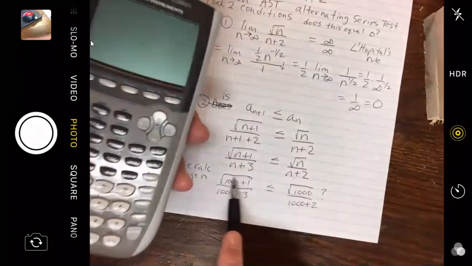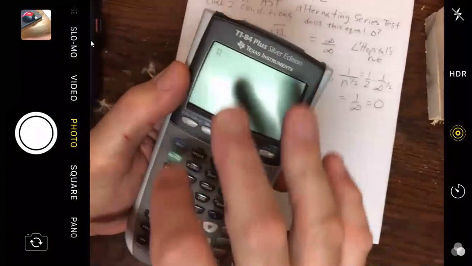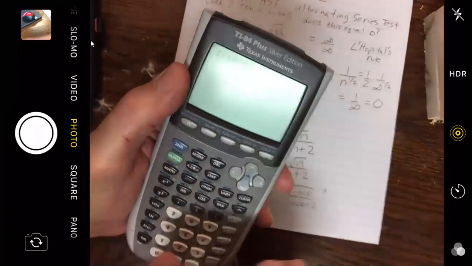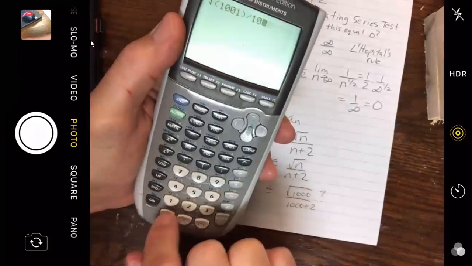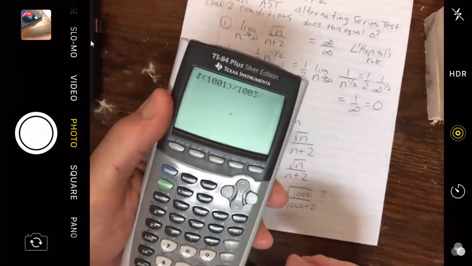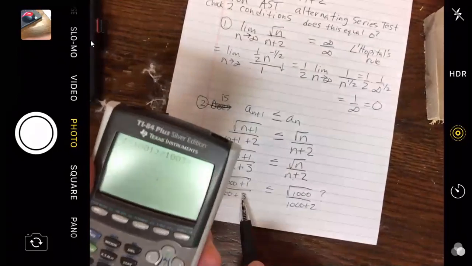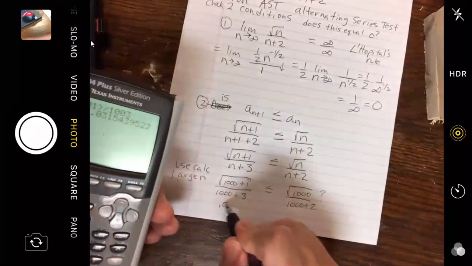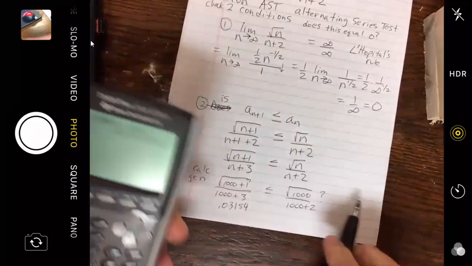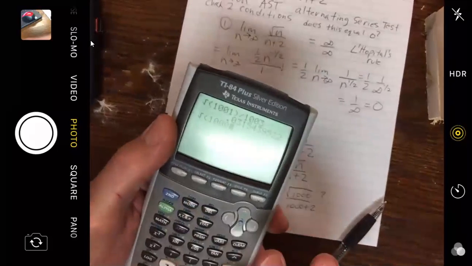So this is 1,001 there. On the left, I'm getting the square root of 1,001, and I'm dividing that by 1,003. See that? Square root of 1,001 over 1,003 is 0.03154.